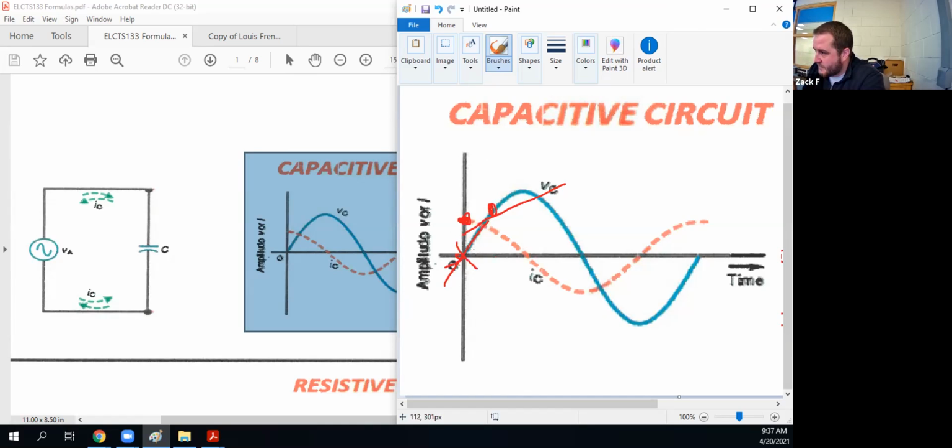So that's what it's saying. The current is maximum where the rate of change of the voltage is at its maximum. What is the rate of change of the voltage right here at its peak? What's the slope of that line? At this point in time, how much is voltage changing?